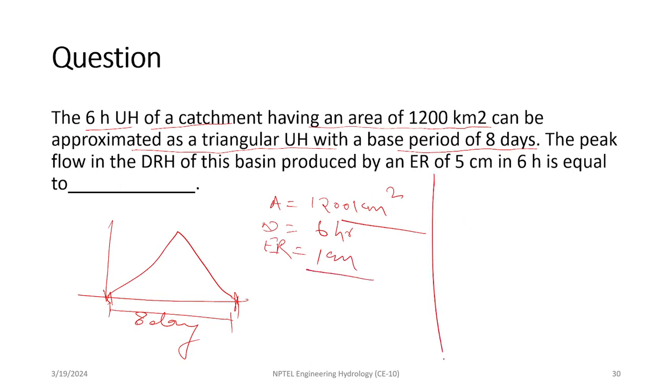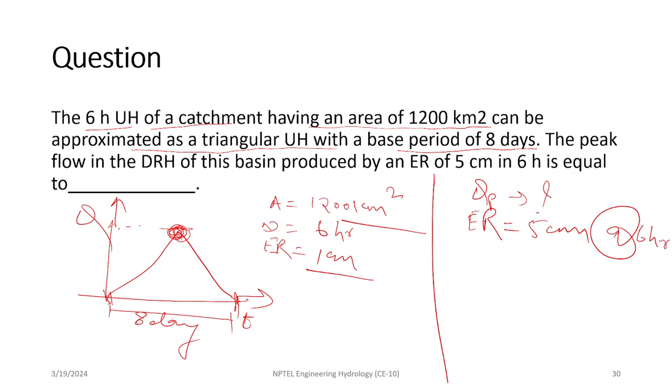Now in the second scenario, the peak flow in the DRH of this basin produced by an ER of 5 centimeter in 6 hours equals. So now it is asking about Q peak. We are concerned with finding this value. Okay, don't confuse. We want to compute QP, but they want us to compute QP for an ER of 5 centimeter happening over 6 hours.